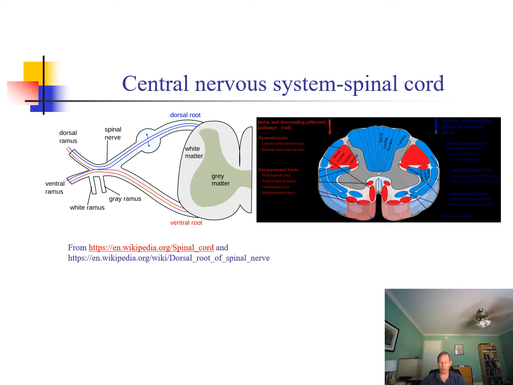And my purpose in showing this is not that you would learn all of these tracks as you would in medical school, but instead to actually have you understand that there is a system to this.